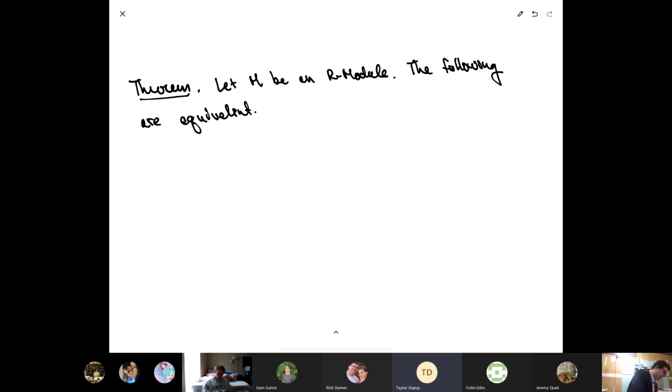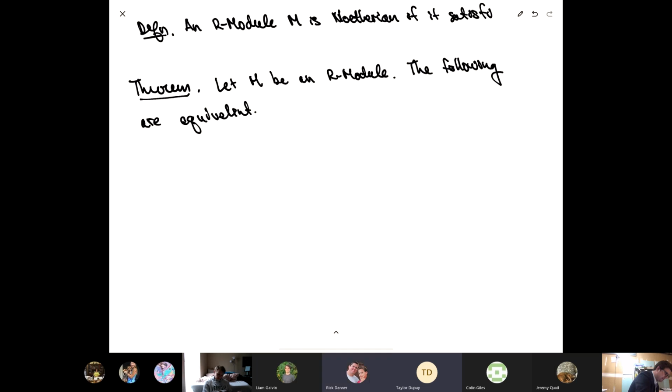So an R module M is Noetherian if it satisfies the ascending chain condition.